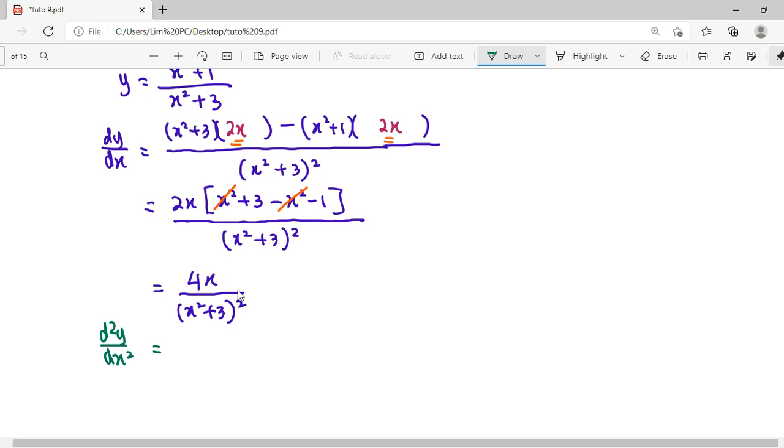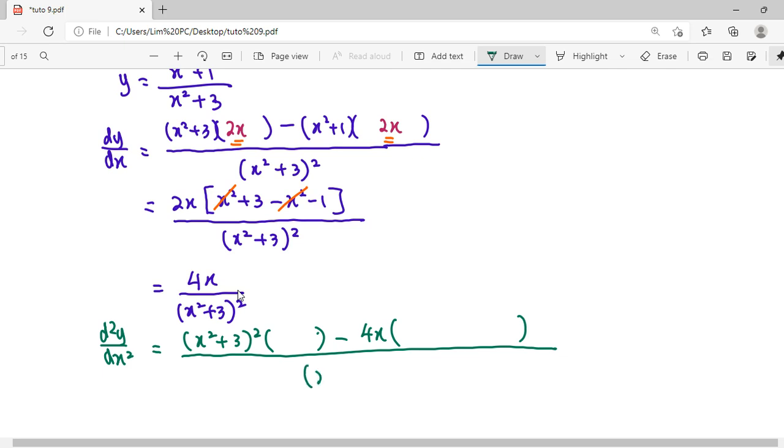So set up our quotient rule: copy the bottom, differentiate the top, minus, copy the top, differentiate the bottom. This bottom is quite complicated, give more space. And then divide by the denominator squared. So square and square become power 4.